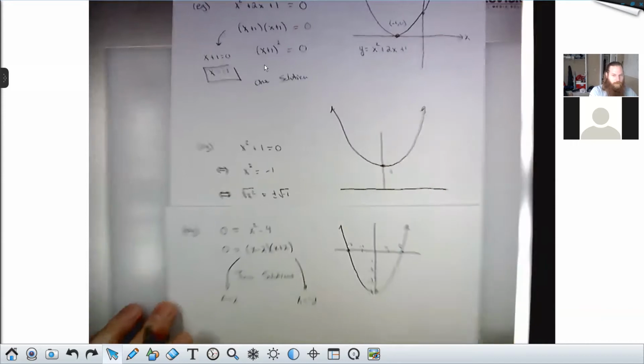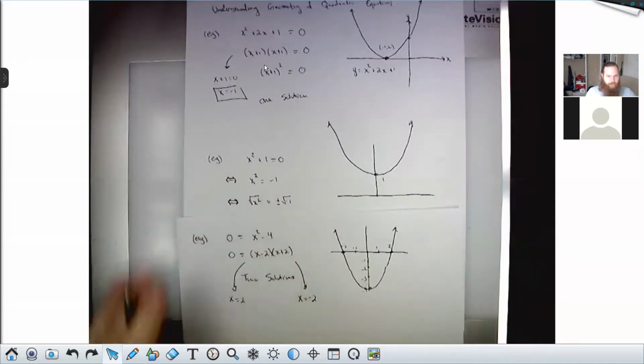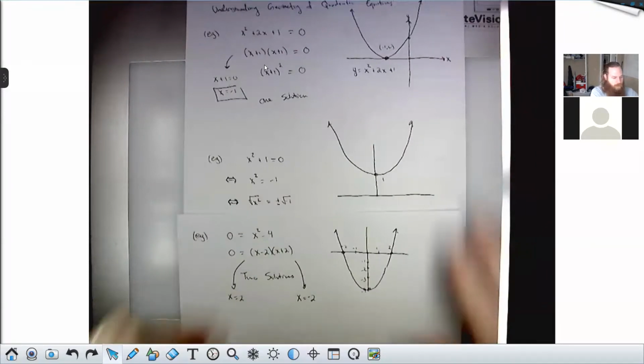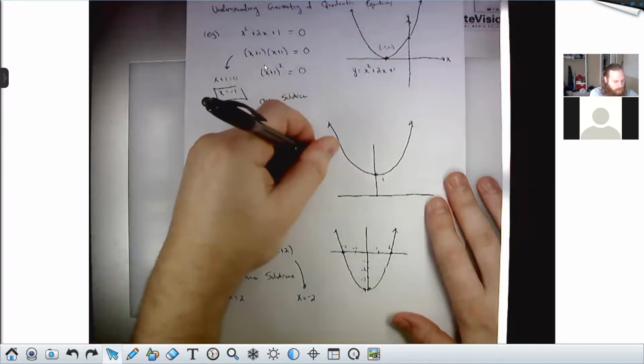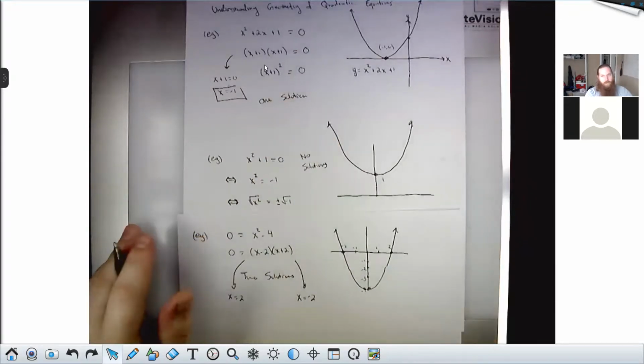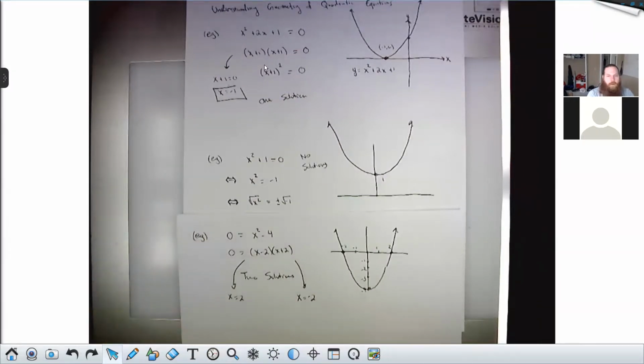Is there a way to tell a priori which case we're in? Here I drew the graphs for you, and we went through the solution process, and we were able to discover that there's one solution, two solutions, or no solutions.